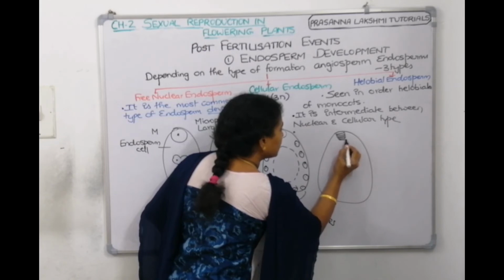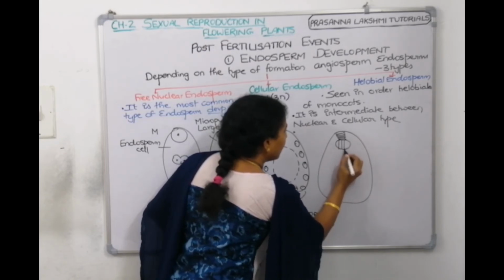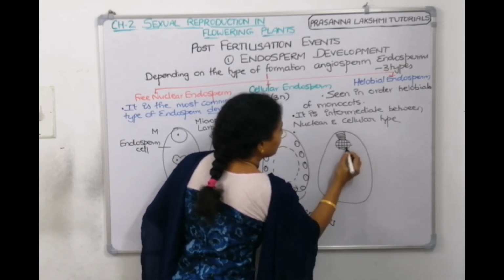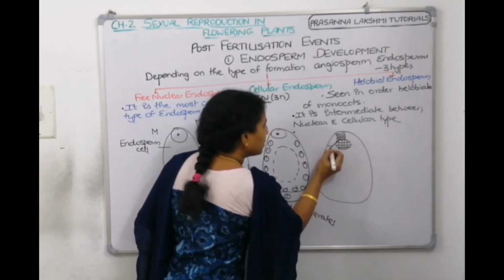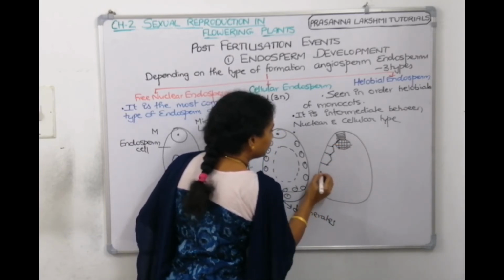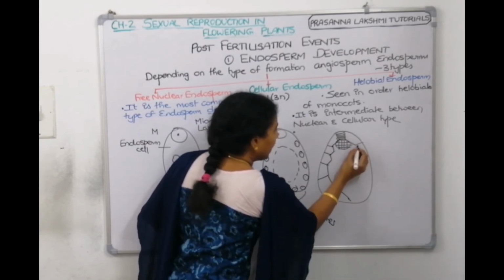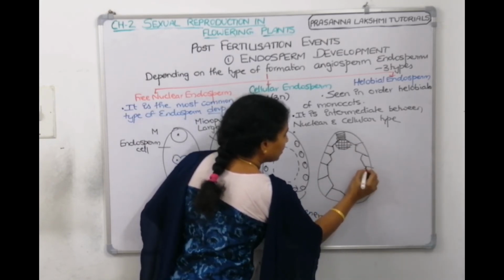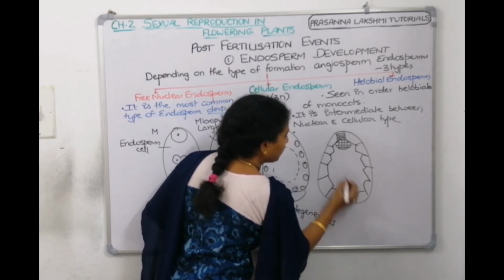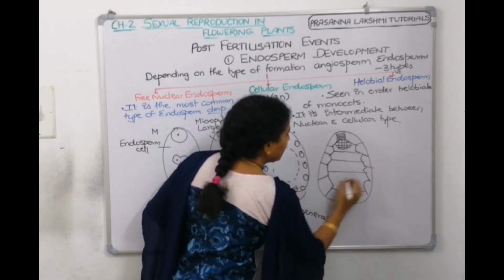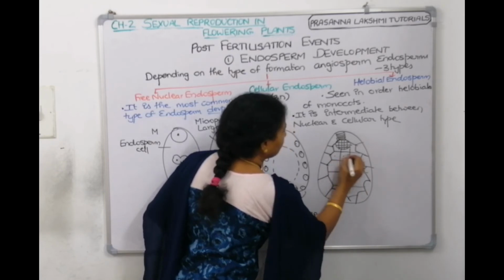These are the suspensor cells. And these are the embryo cells. And then it becomes cellular endosperm. The vacuole disappears and it is making a cellular endosperm. Now, all this becomes endosperm tissue.